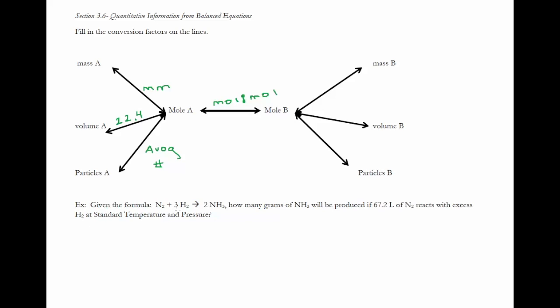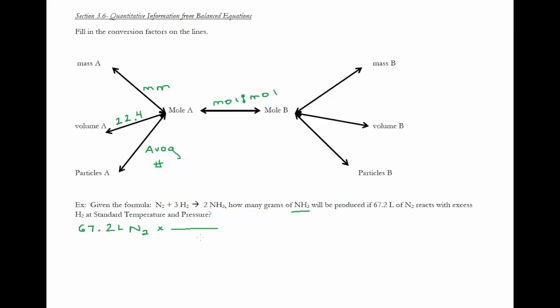So let's look at an example. Given the formula, nitrogen reacts with hydrogen to produce ammonia. How many grams of ammonia will be produced if 67.2 liters of nitrogen reacts with excess hydrogen at standard temperature and pressure? Our given here is 67.2 liters of nitrogen gas. I'm going to first get into moles of nitrogen gas, because then I can get into moles of ammonia.